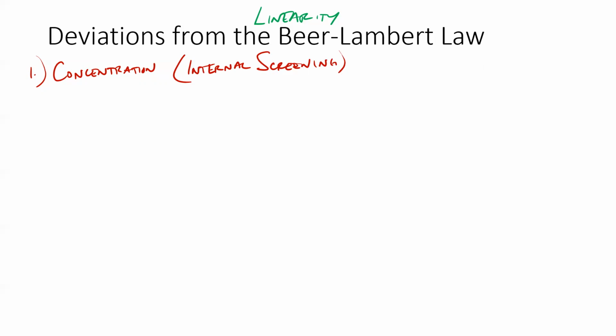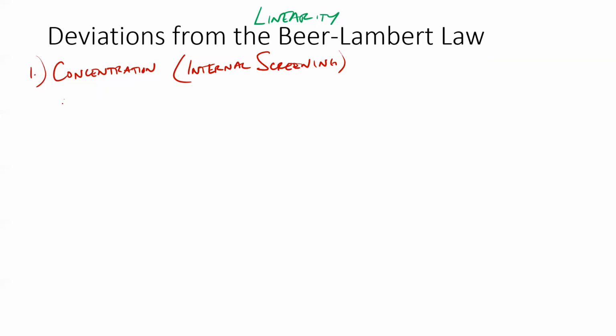So you can imagine that as we increase concentration, right, if there's not enough photons for every molecule to get its own, then we're going to eventually reach the limit where there's no more photons. And that absorbance is going to max out, even though not every molecule has received its photon, right?